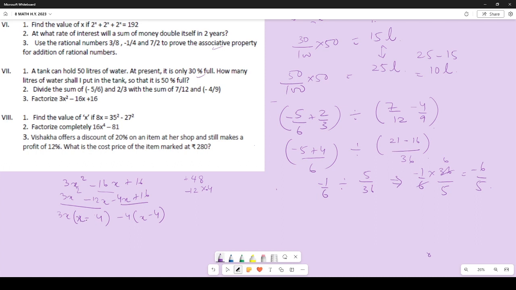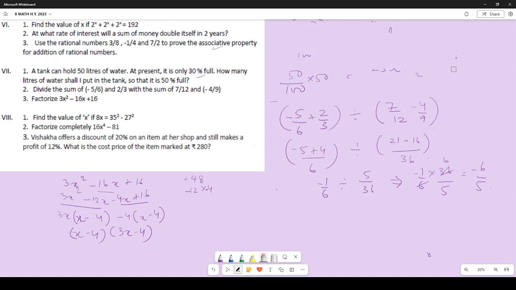Remember, whenever you are grouping, whatever lies inside the bracket must always be the same. So this will be your answer, x minus 4 into 3x minus 4. So that is that for question number 7.